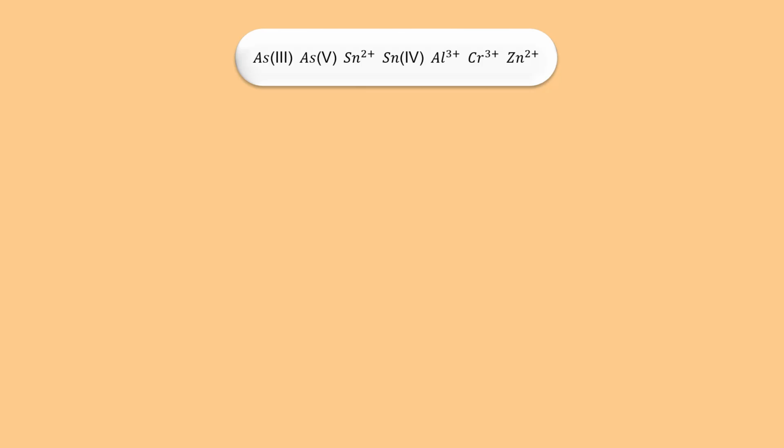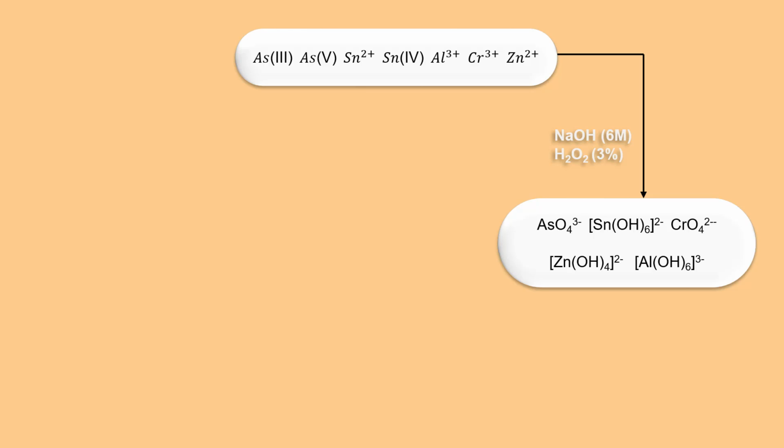If we have a mixture of arsenic, tin, aluminum, chromium and zinc, we can go by our group reagent method. यहाँ हम NaOH और पेरोक्साइड यदि मिलाते हैं तो हमको आर्सेनिक जो +3 में है वो +5 में ऑक्सोऐनायन में जाएगा क्योंकि सॉल्यूशन अल्कलाइन है। टिन हाइड्रोक्सो एनायन बनाता है, कॉम्प्लेक्स बनाता है उसके हाईएस्ट ऑक्सीडेशन स्टेट में। क्रोमियम +3 में है, क्रोमियम +6 में क्रोमेट के येलो सॉल्यूशन के रूप में जाएगा। जिंक चूंकि अपना वैलेंस शेल 4 तक एक्सपांड कर सकता है, so you get a zinc hydroxoanion, zincate ion in a solution state.